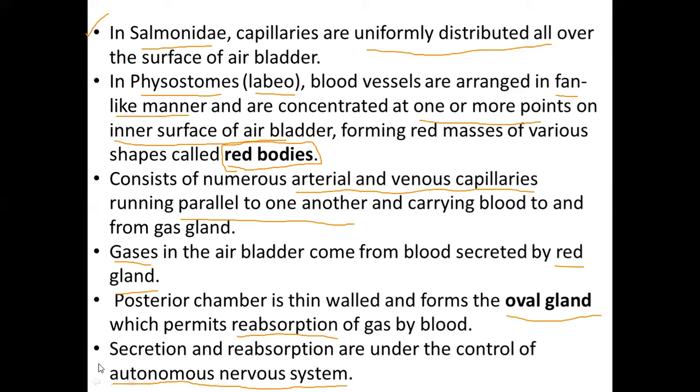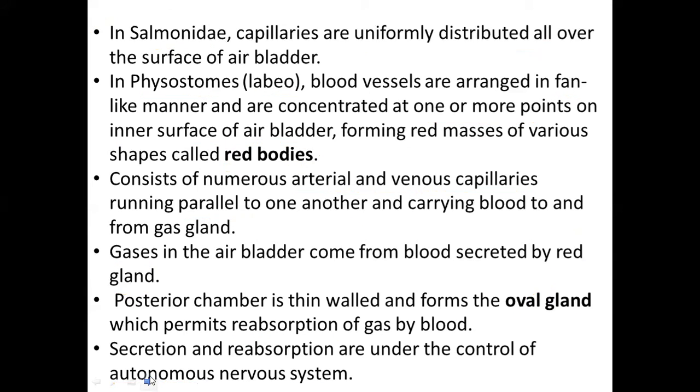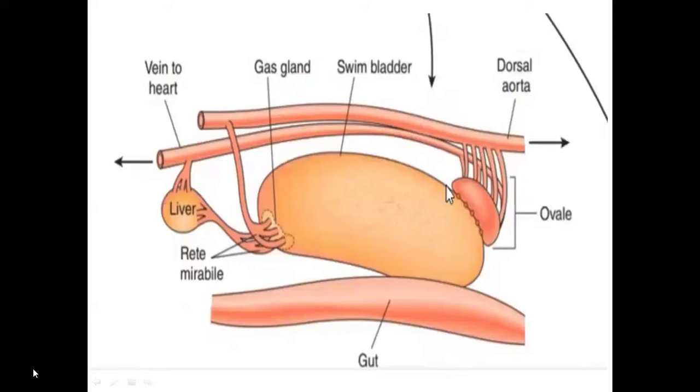So the secretion by the red glands and the reabsorption by the oval gland are completely controlled by the autonomic nervous system. When to secrete and when to reabsorb depends on the needs of the fish's body. So this is the structure of the air bladder.